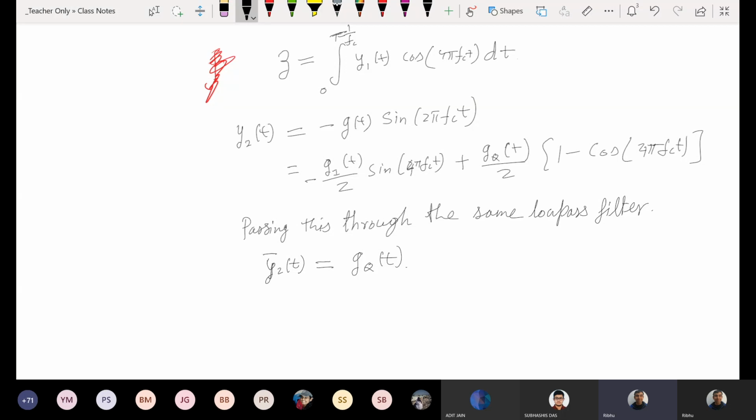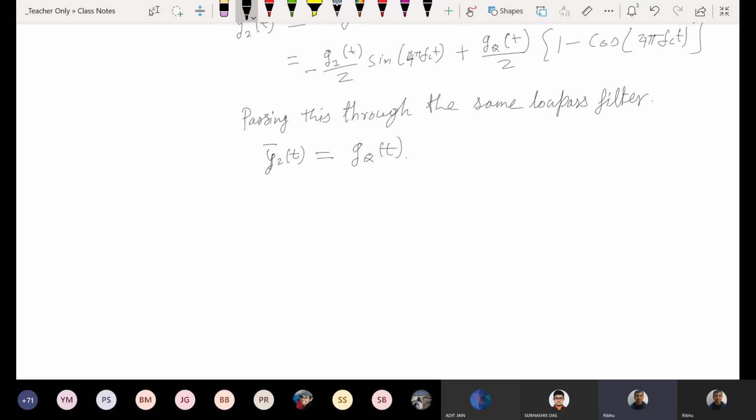I can actually draw a nice figure for you for this as well. Block diagrams are quite useful in communication systems. Cos 2 pi fct.